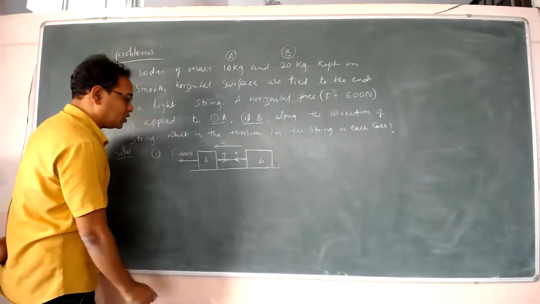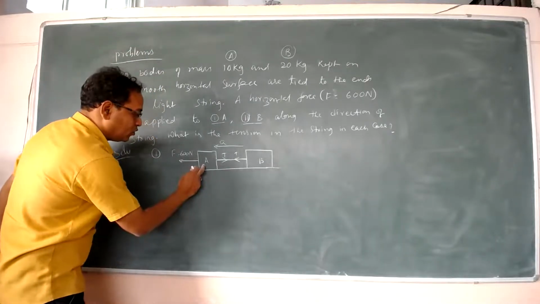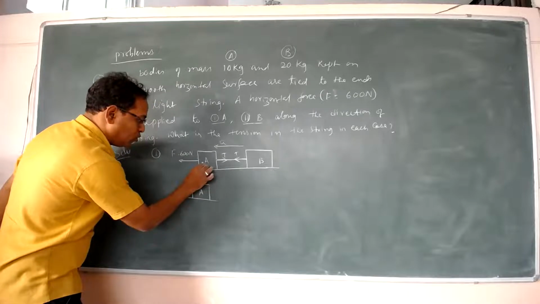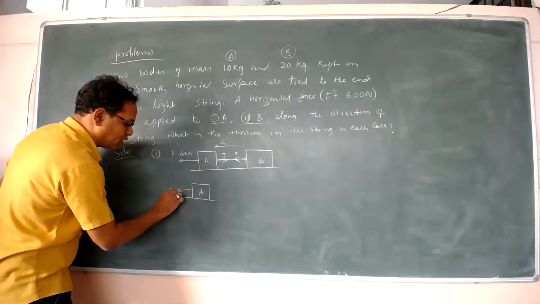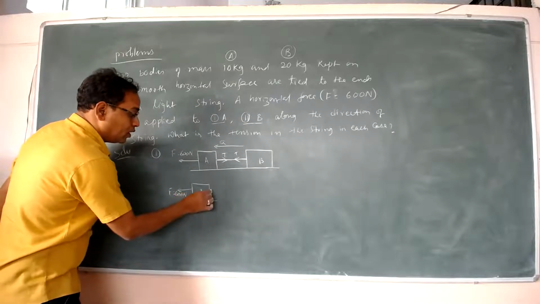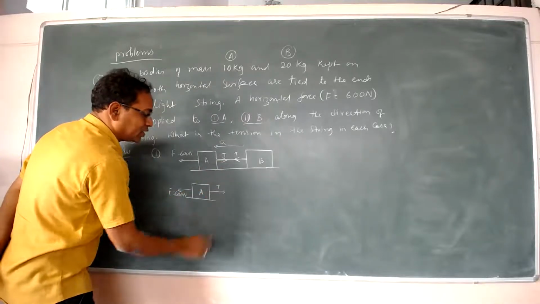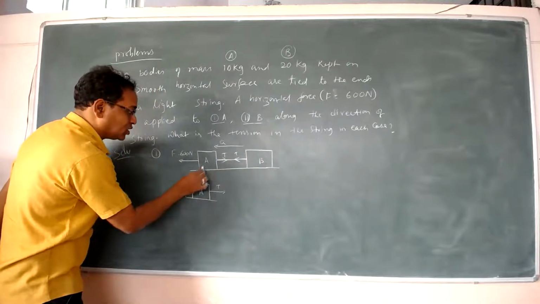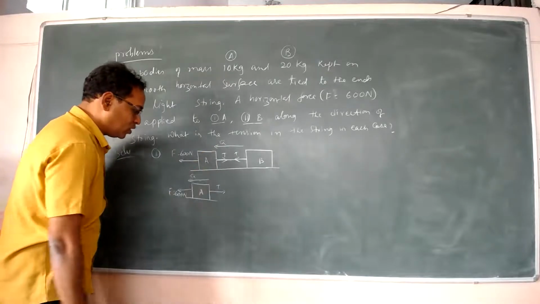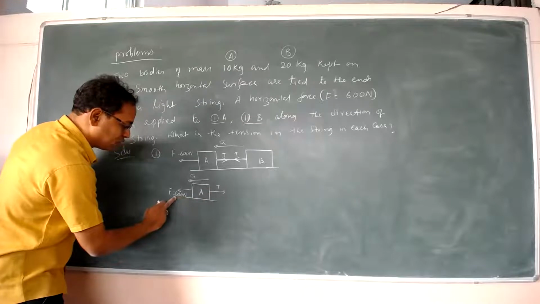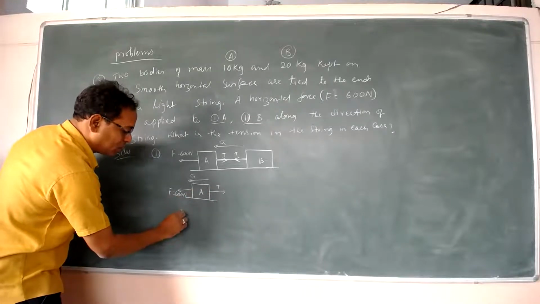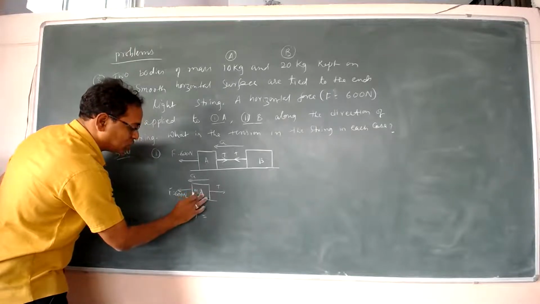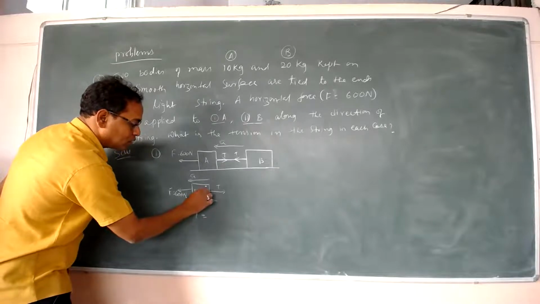Now, if you take the free body diagram for this body, a force F equals 600 is acting in this direction, and the tension T is acting in the opposite direction. The block moves with acceleration a in the direction of the greater force. So I can write F minus T equals M A times a, where M A is the mass of the block.